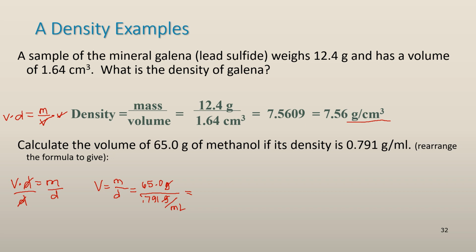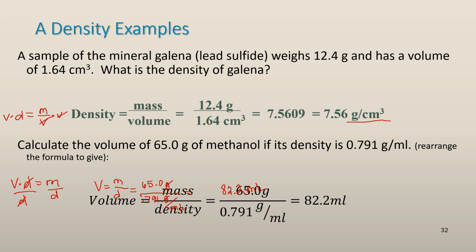So if you invert and multiply, milliliters will end up on the top. And we'll just do that, 65 divided by 0.791, and we get 82.2 milliliters.